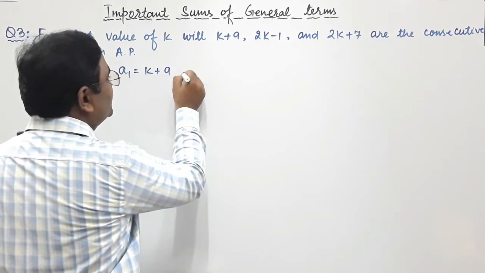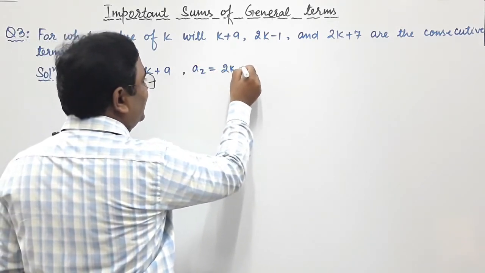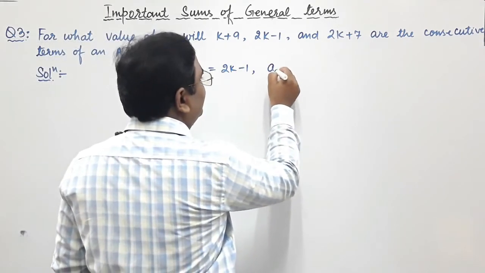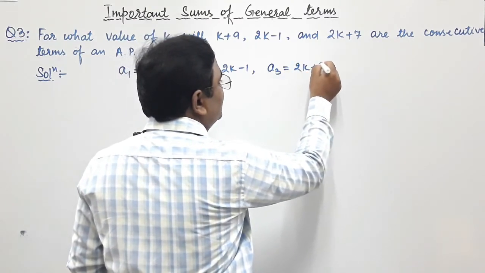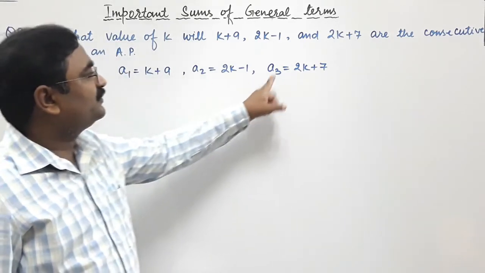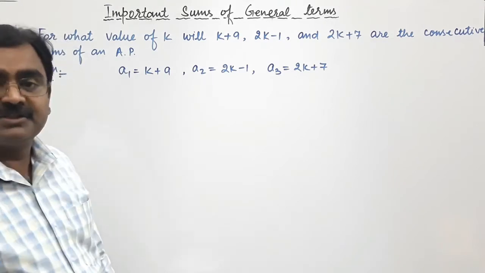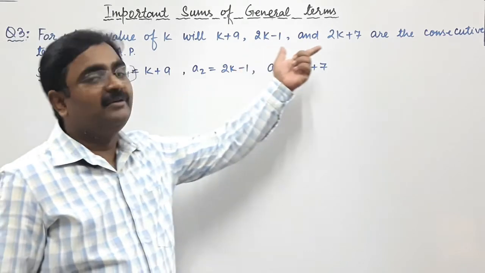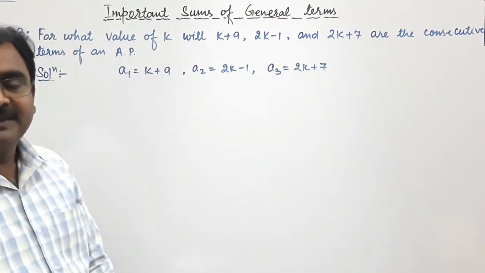The second term of this series is a2, which is 2k minus 1, and the third term of this series is a3, which is equal to 2k plus 7. Right? These three terms of the arithmetic progression are given. So it is asking what will be the value of k. k की क्या वैल्यू होगी, इसको फाइंड करना है.